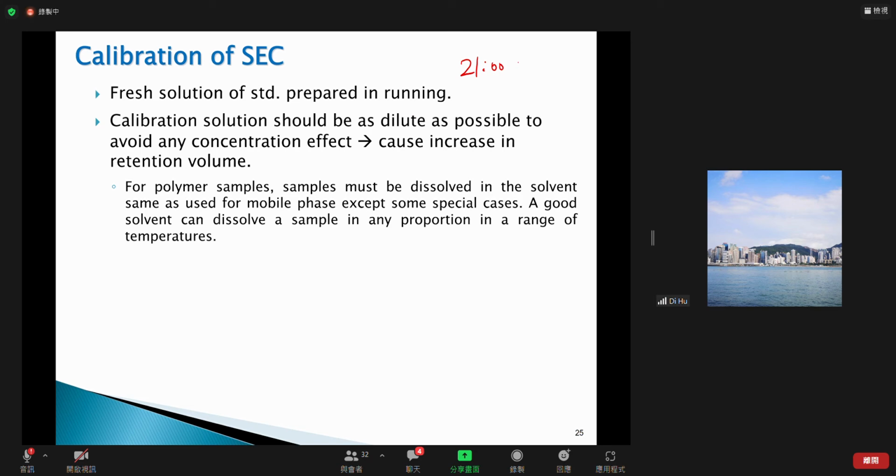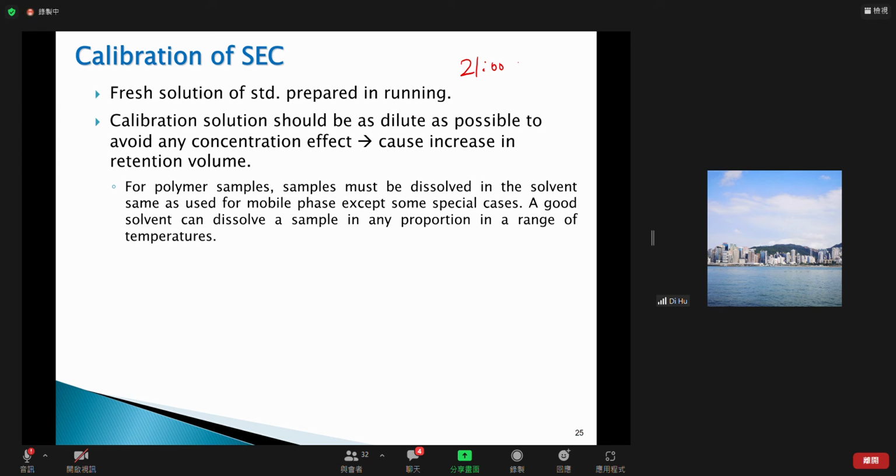Because if it's too concentrated, the compound will not be really relaxed, and more shrunk away. Also, the concentration effect may cause an increase of the retention time, and if it's too concentrated, it may clog the column, something like that.